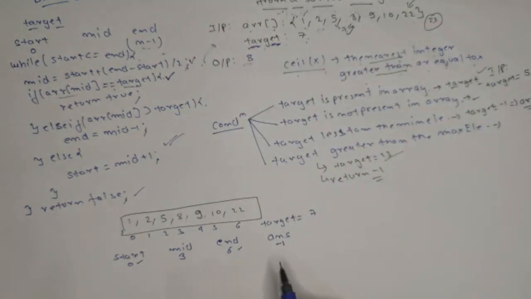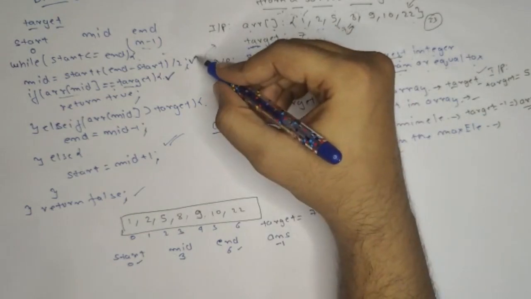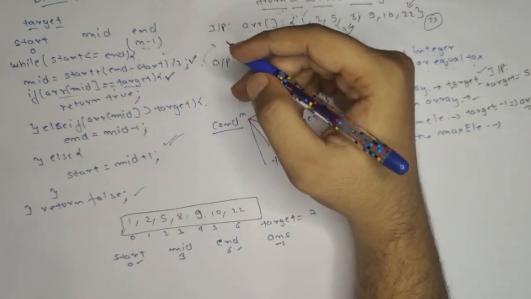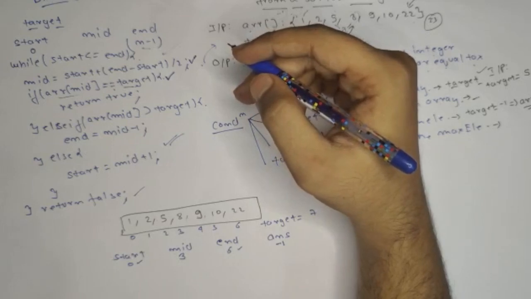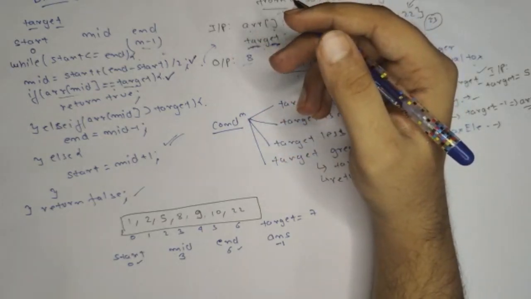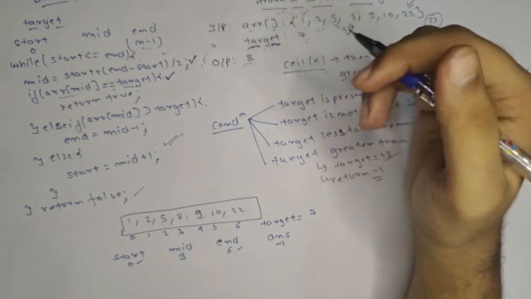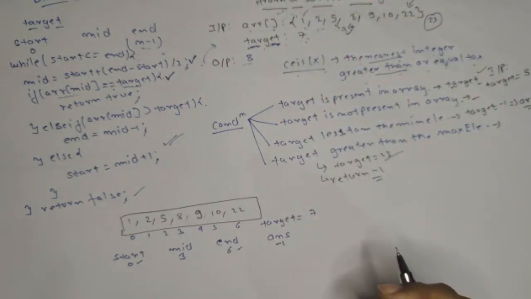Okay, I have already told you why we were using this equation instead of simply adding start plus end and dividing it by 2. I have already mentioned it 2 times in our video of binary search algorithm, and in another video of first occurrence of any number in a sorted array. You can see those videos for knowing why we were using this equation if you have any doubt.